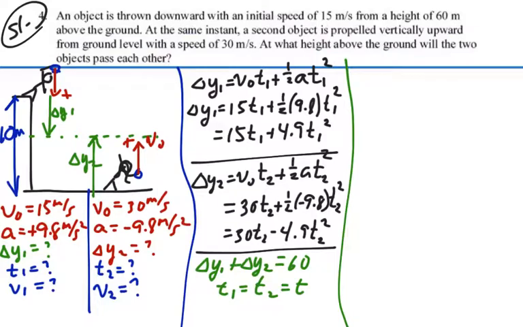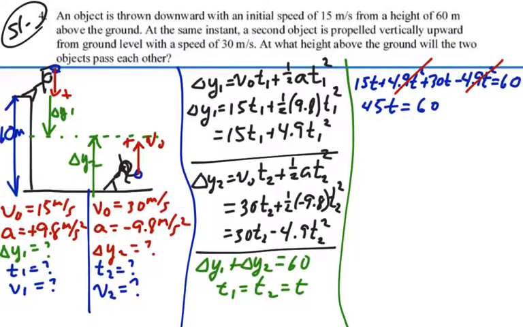Hence, if we have delta y1, we're going to have 15t plus 4.9 t squared plus delta y2, which is 30t, minus 4.9 t squared, equals 60. Well, our 4.9 t squares cancel out, and we are left with 45t equals 60, or t is equal to 60 divided by 45, which is going to be 1.33 seconds.